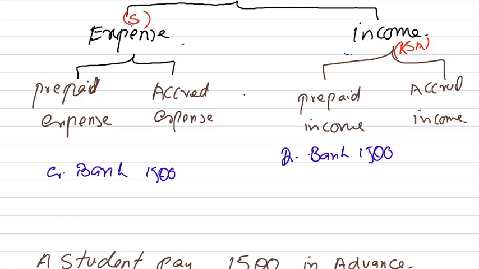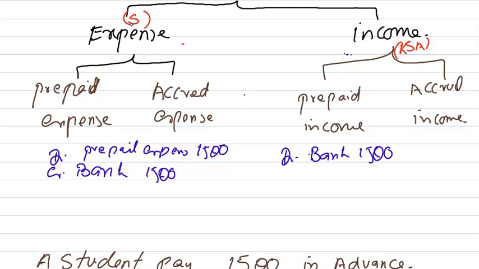Right now, on the debit side, we should record an equal amount. On the credit side we recorded bank. It's not yet the student's expense. So what do we have to record? It will be prepaid expense with 1500. For the student, it is a prepaid expense: they paid the expense in advance but have not yet recognized an expense.